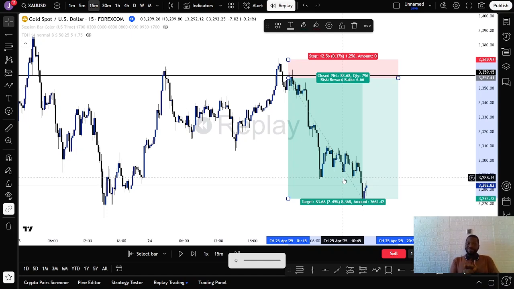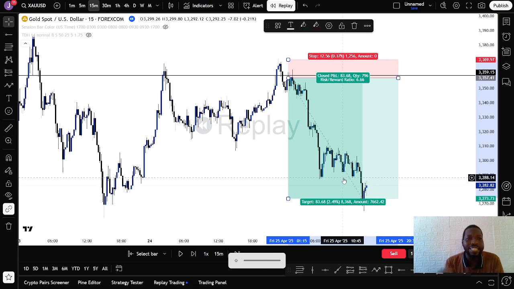Then again, it is also at the shoulder level of the head and shoulder pattern. If you see these three confluences, the probability of price reacting at that zone is very high. At that point, your confidence level at that level should be very high as well.